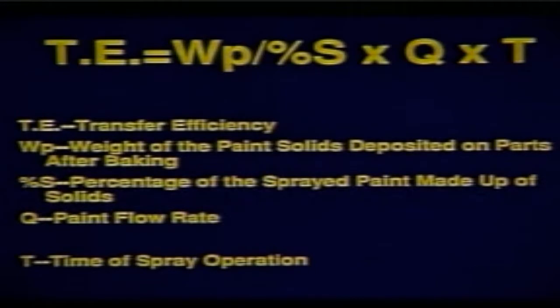TE, or transfer efficiency, is equal to the weight of the paint solids, WP, deposited on parts after baking, over the percent solids, S', which is the percentage of solid paint sprayed, times Q, the paint flow rate, times T, the time that the paint was being sprayed.